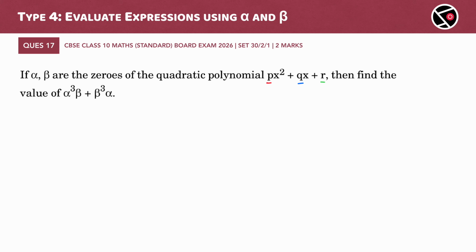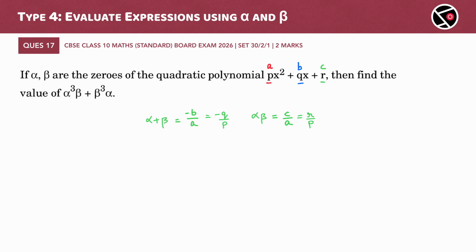Just map carefully. A equals P, B equals Q, C equals R. Now alpha plus beta is minus b over a or minus q over p. Alpha times beta is c over a or r over p.